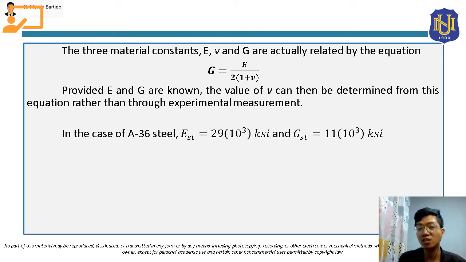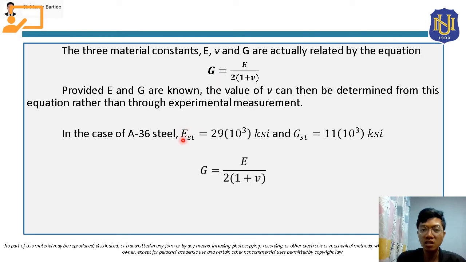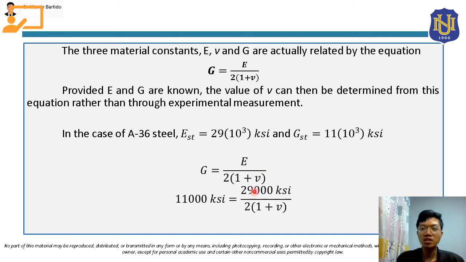From the table, for A36 steel, the modulus of elasticity is 29 times 10 raised to 3 KSI, and its modulus of rigidity is 11 times 10 raised to 3 KSI. If you are going to solve for the Poisson's ratio using the formula, we just substitute these values of E and G and solve for nu. Substituting G, that is 11,000 KSI, equals the modulus of elasticity, 29,000 KSI, over 2 times 1 plus nu.